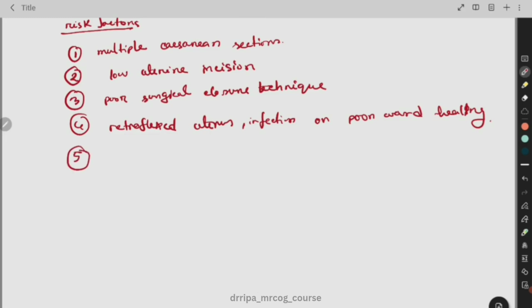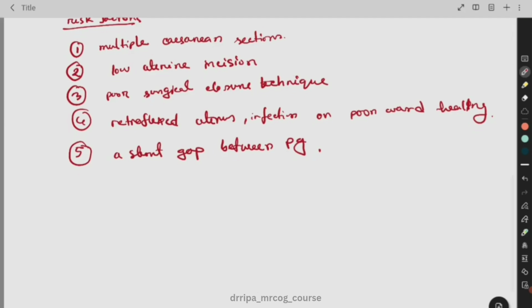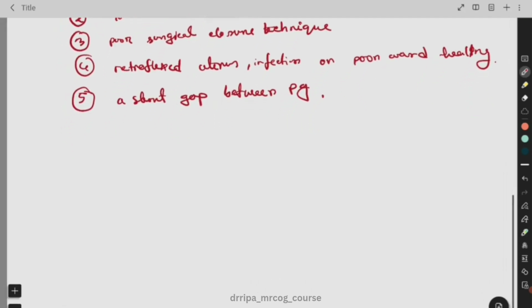And another risk factor is a short gap between pregnancies. So these all are risk factors of Caesarean scar niche. In short, anything that disrupts proper healing of a scar can lead to a niche.